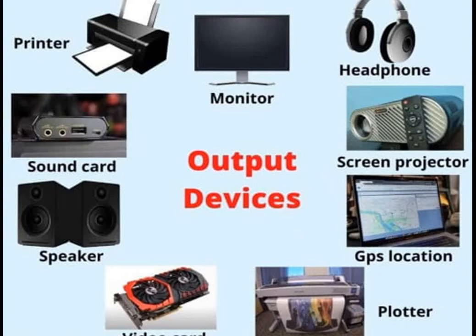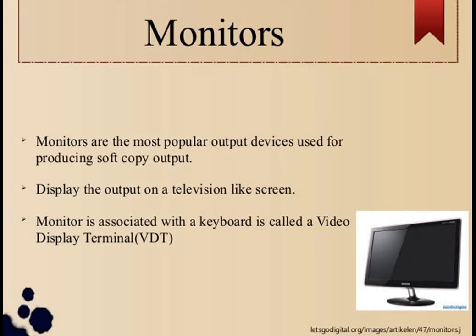In your book, the examples of output devices are monitor, headphone, printer or screen projector, and speaker also. So we are going to study one by one. What is monitor? Monitors are the most popular output devices used for producing soft copy output.